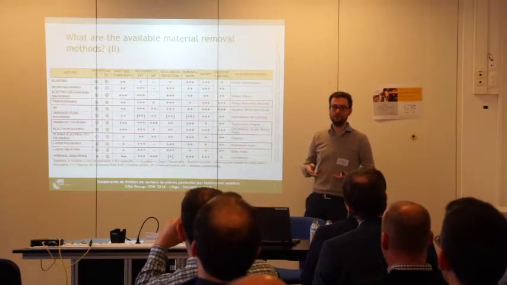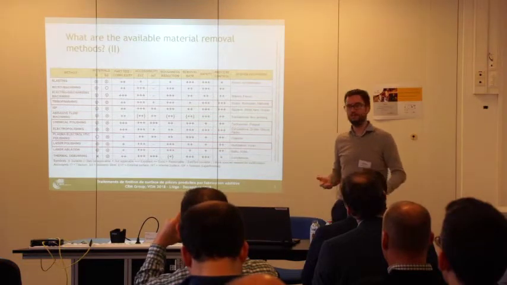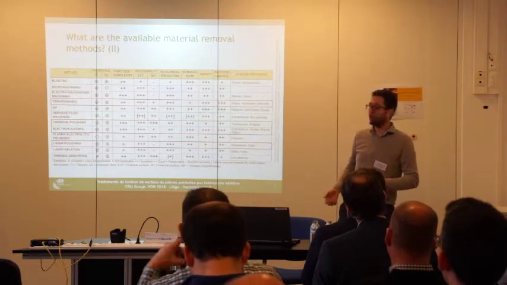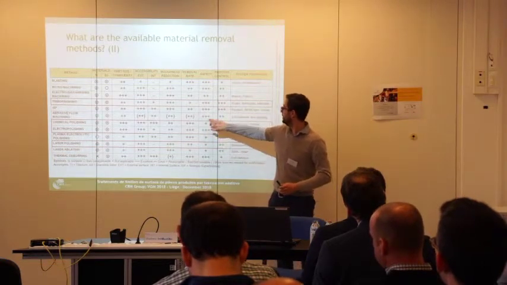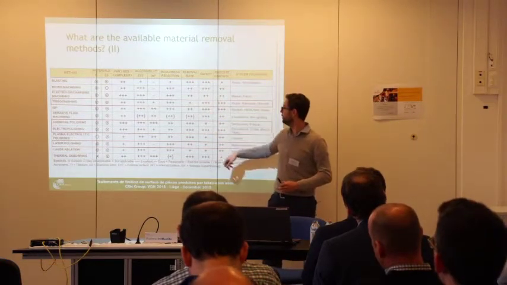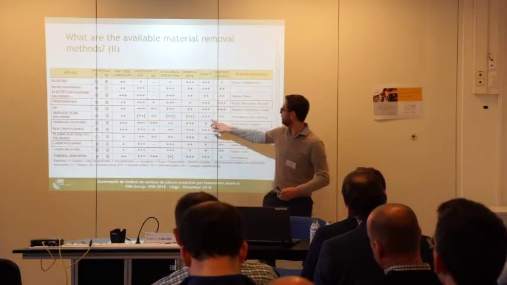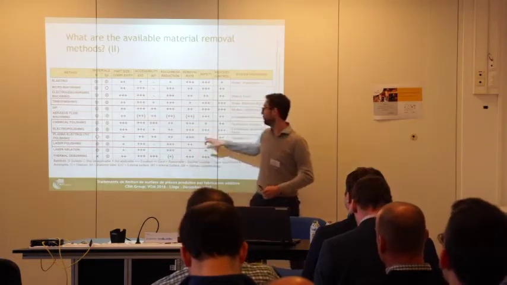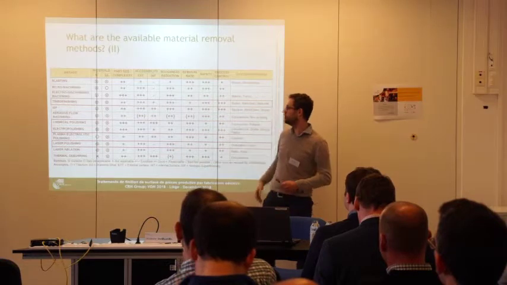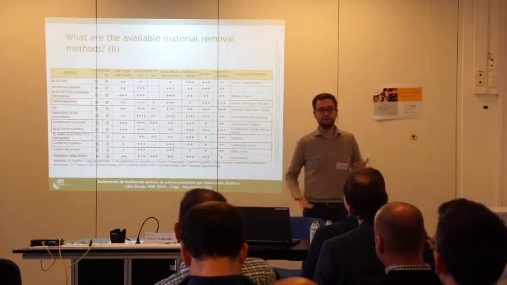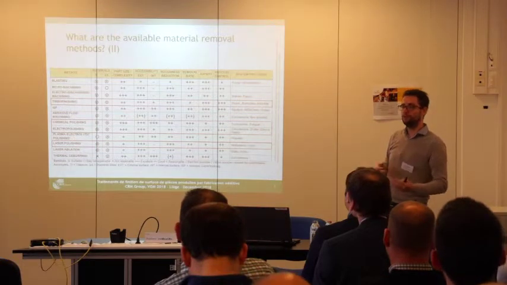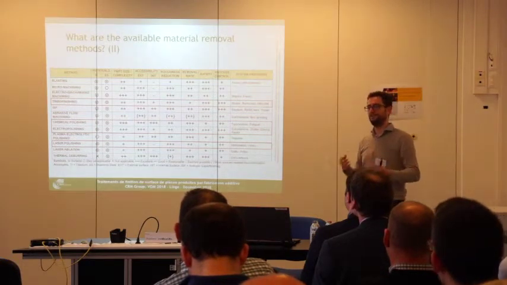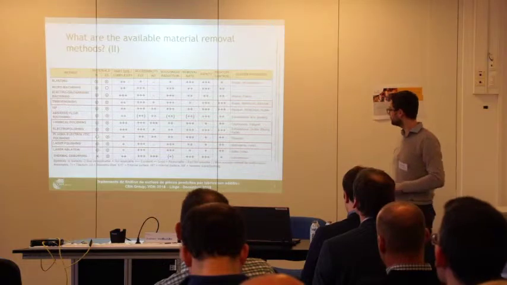Some other methods have really good accessibility, but cannot reach low roughness. Some methods are really good for safety reasons, but for other reasons, they are not that good. Or some methods are really dangerous for the compounds that are used, etc. So I think it's really interesting to have another look at all those methods because none of them can be really good at every point.